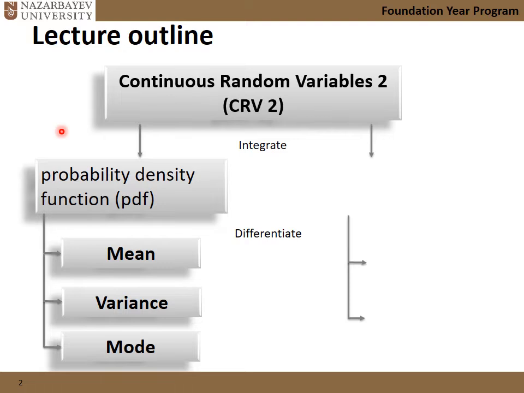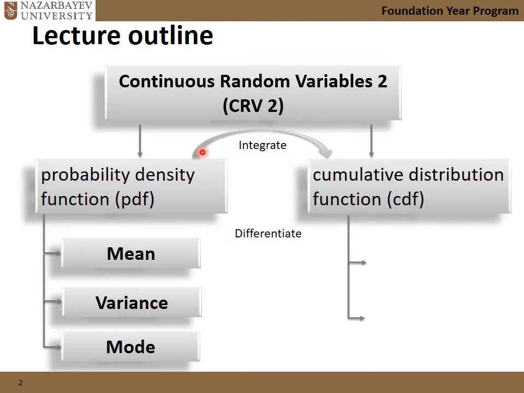Anything else we could get? Yes. If we integrate this function without limits, like a regular integral, integrating a function gives me another function. That function is called the CDF, which stands for cumulative distribution function. So I have this function, I integrate, I get another function.